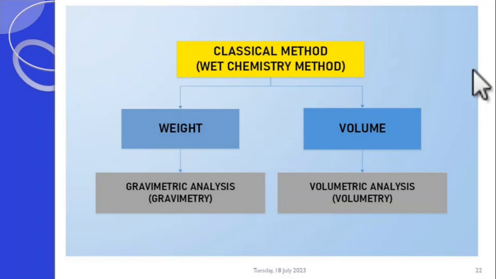For the classical method, like we've already said, it's either quantitative or qualitative. We can have weight and volume. We are looking at analyses like gravimetric analysis or volumetric analysis.